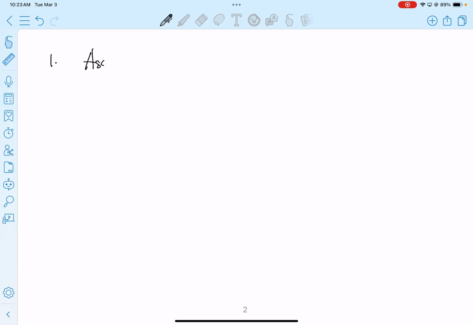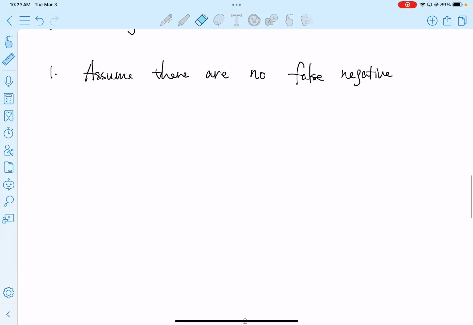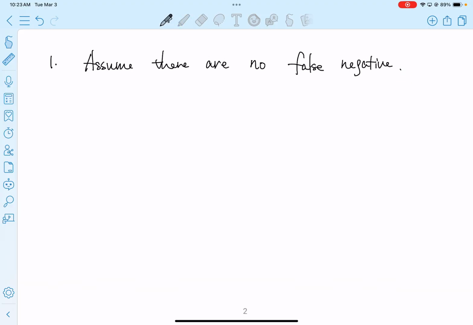Let's assume there are no false negatives. This refers to the following: if someone has the disease, the test will always give you a positive result.